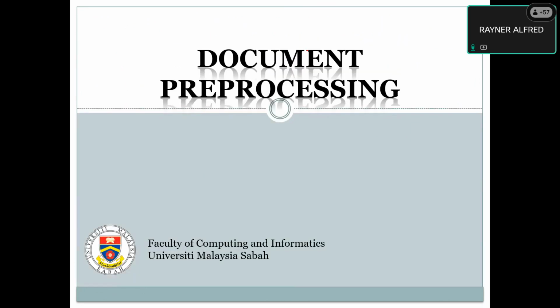Okay, so when we know about the term that we are looking at, we normally look at the meaning. We also look at how frequent they are. So we need to know what pre-processing we need to do in order to process a document.